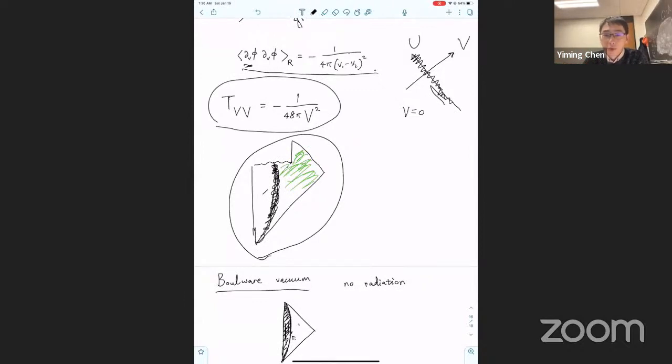You measure different observables in that state, and the physical notion of temperature depends on the observer. But the state is just the Minkowski vacuum state. It's just a single state that is not observer dependent.